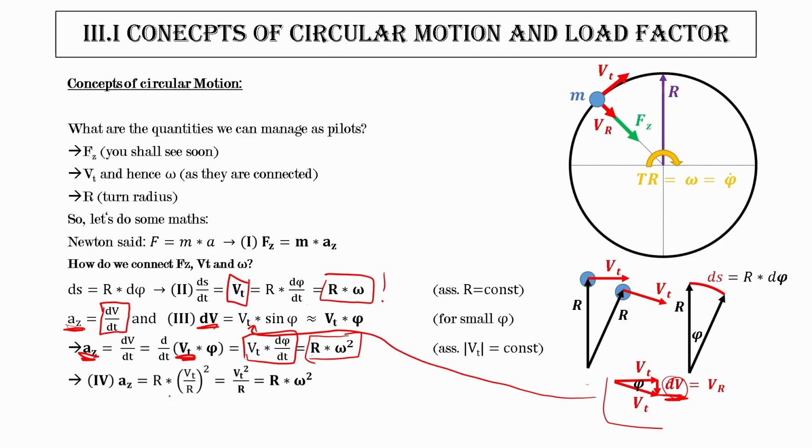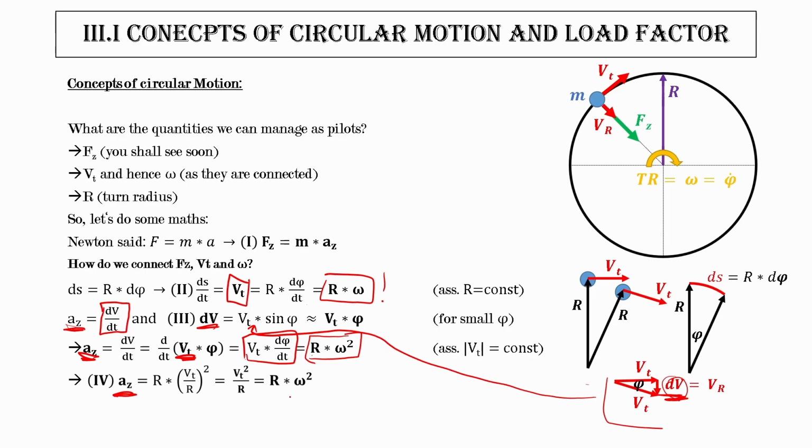So this is very important. Now obviously turn rate is a bit hard to read in the cockpit, but the good thing is that turn rate is directly correlated to speed, which we can read in the cockpit. We can write the centripetal acceleration in terms of speed as well, and we get to this equation.